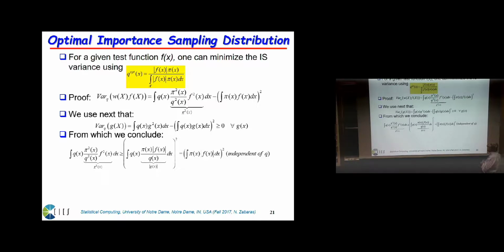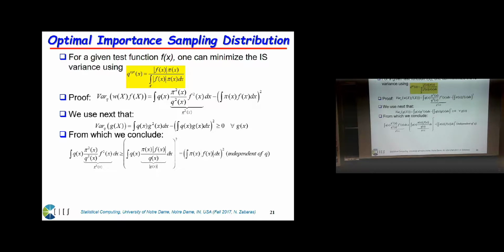Well, it's here actually, I'm sorry. I have q times g, where g is pi over q times the absolute value of f. Q and q cancel, so this is pi times the absolute value of f. Just algebra.